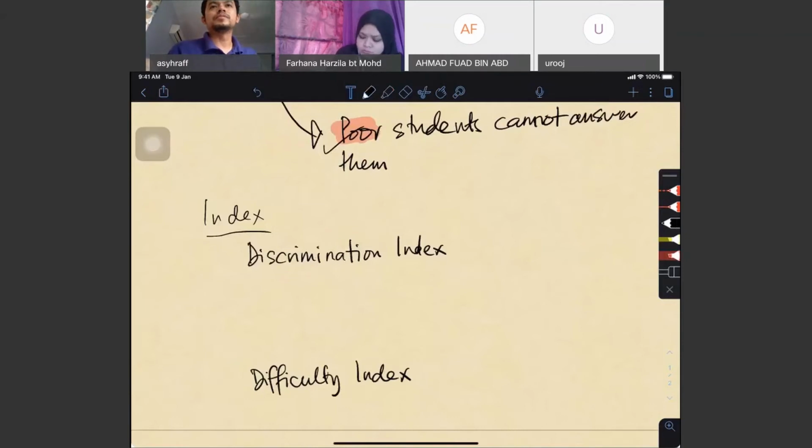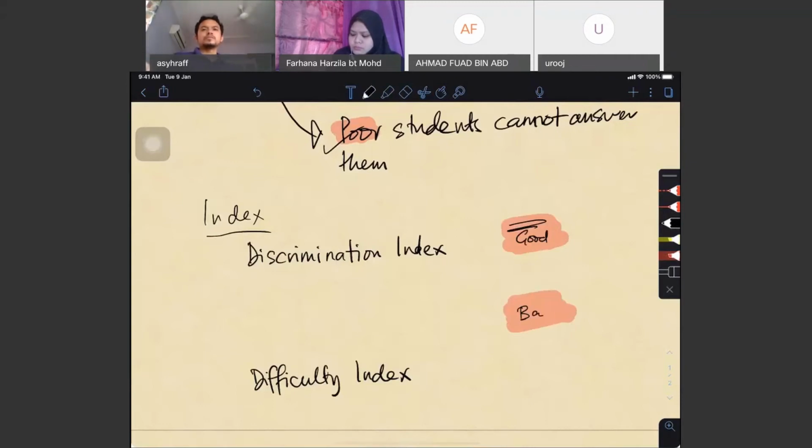Let's go back to these two groups. This is the good group, the high performers, and this is the bad group.